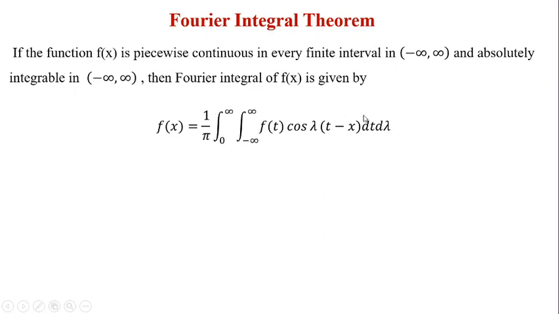Now as this is a definite integral, the variable of integration is always dummy. So as per the requirement of the problem, we can have different notation for the parameter as well as the variable of integration.